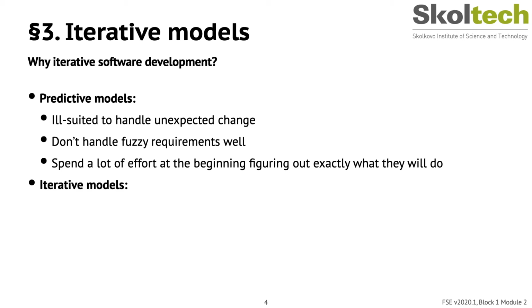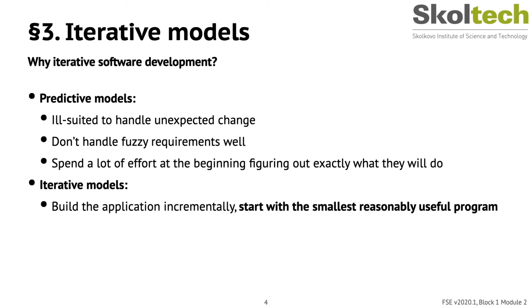For the iterative models, though, it's easier to address change by building the application incrementally, starting with the smallest, reasonably useful program. Subsequently, they use a series of increments to add more features to the program until it's finished, if it's ever finished, like with web search that is sort of being developed over and over again.